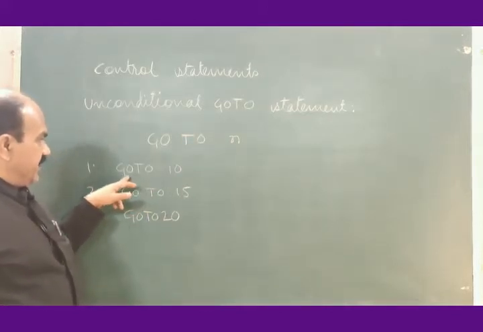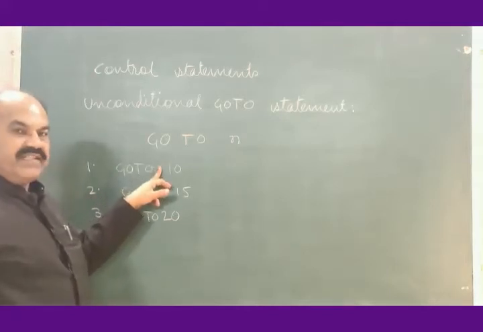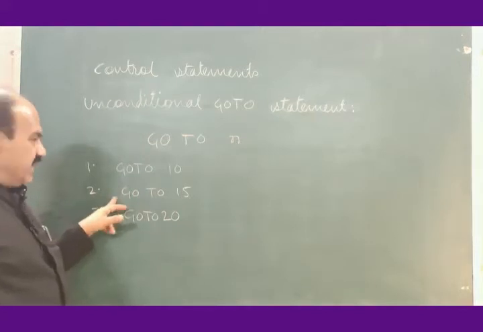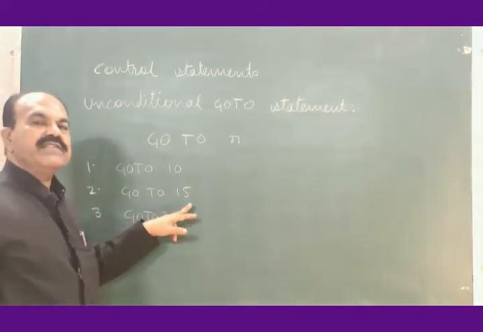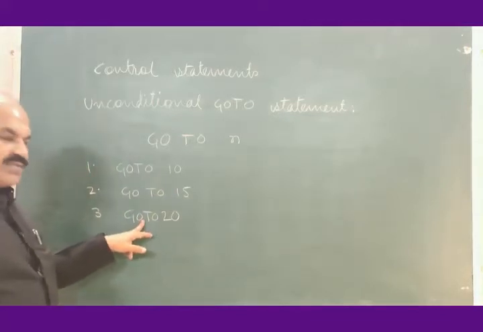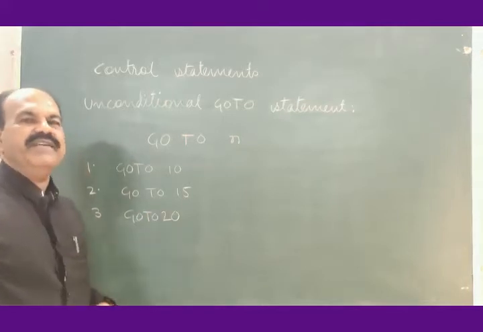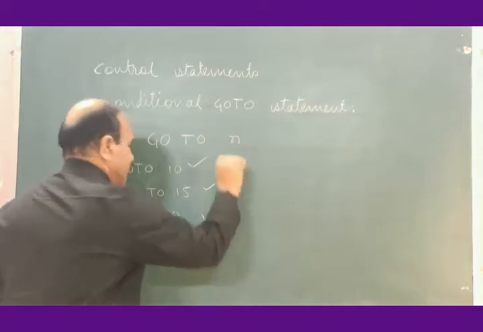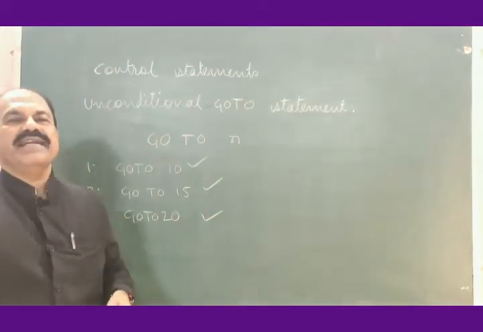Here there is no space between GO and TO, and one space between GO TO and 10. Here there is one space between GO and TO, and one space between GO TO and the statement number. In the third example, there is no space between GO and TO, and no space between GO TO and 20. All three examples are correct.